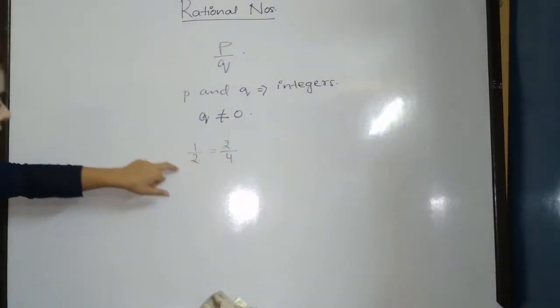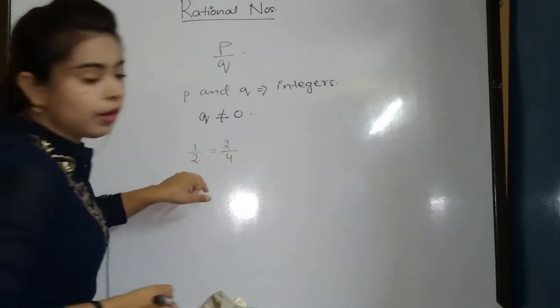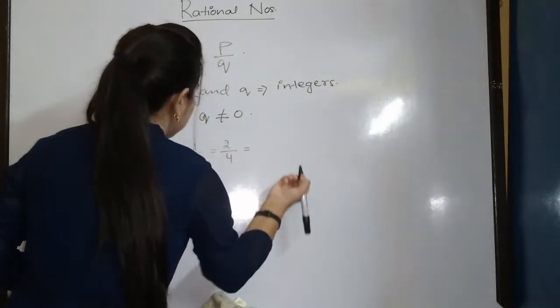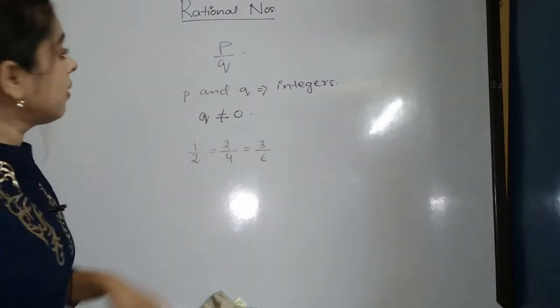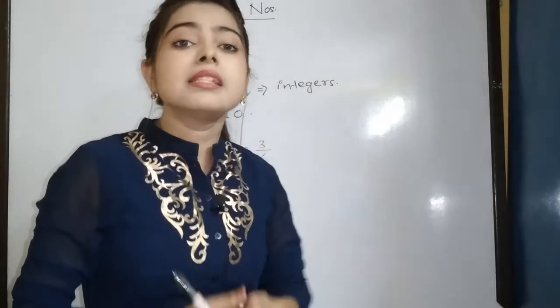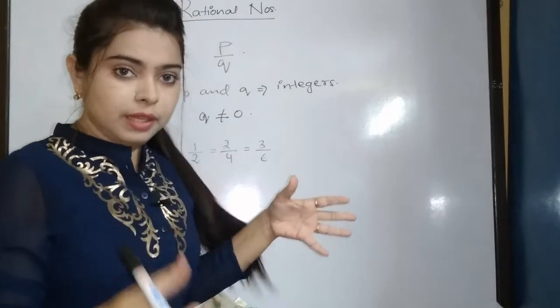So I can write this rational number 1 by 2 as 2 by 4 as well, or I can write it as 3 by 6. All are equivalent. So the interesting thing about rational numbers is that they can be represented in many ways.